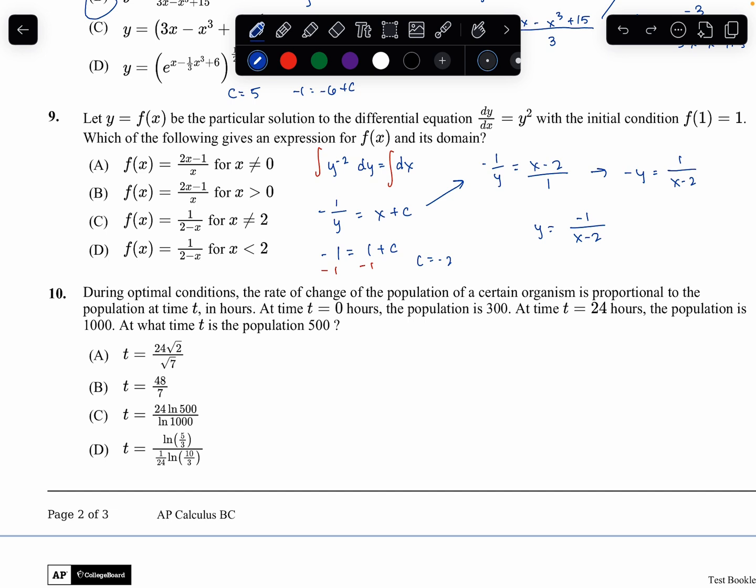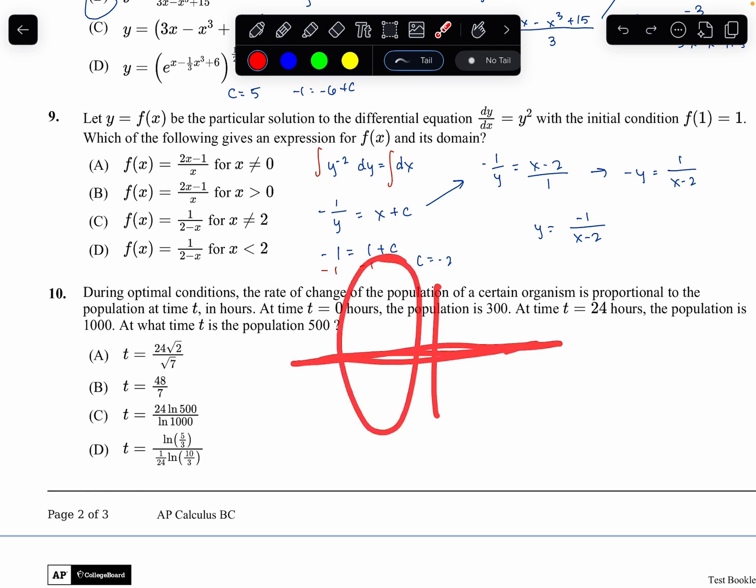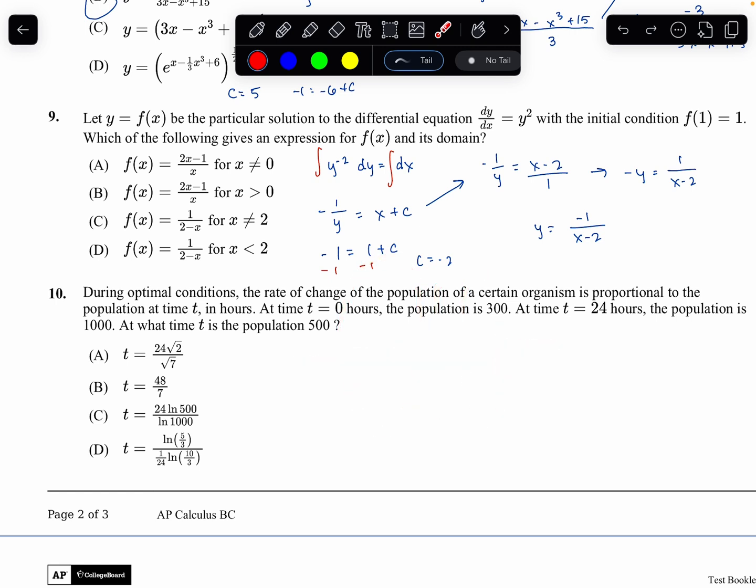Wait a minute. This right here is a rational function. So the rational function has two branches. It's going to have a branch on this side and one on this side of x equals 2, because there's a vertical asymptote at x equals 2.